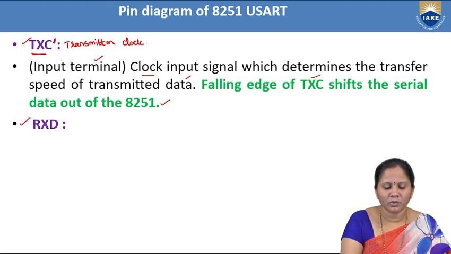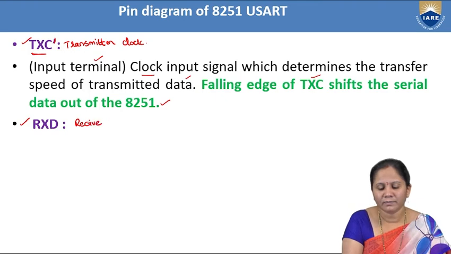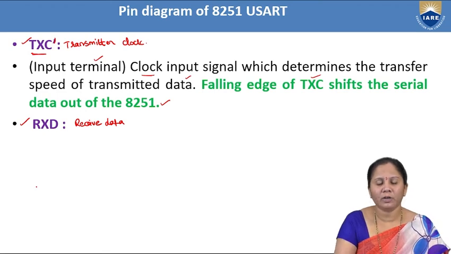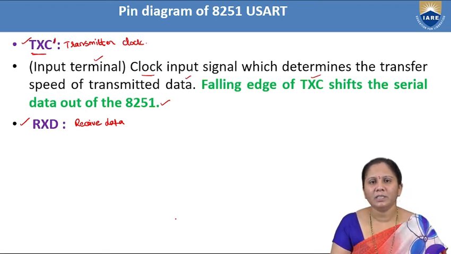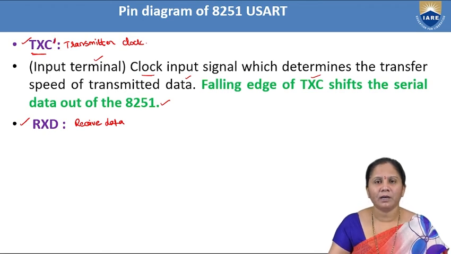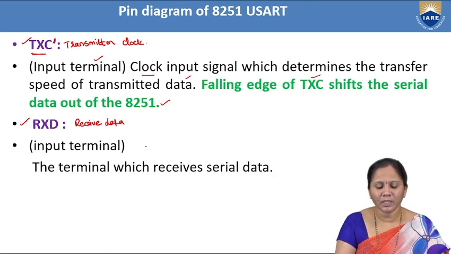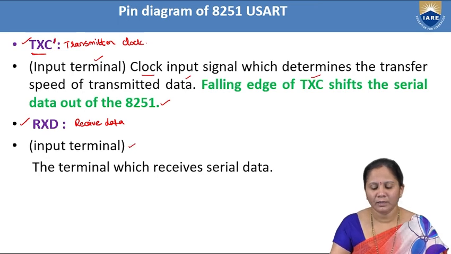And this RxD represents receive data. That means the pins related to the receiver will all be connected to the receiver section. Here this RxD signal is the input terminal.